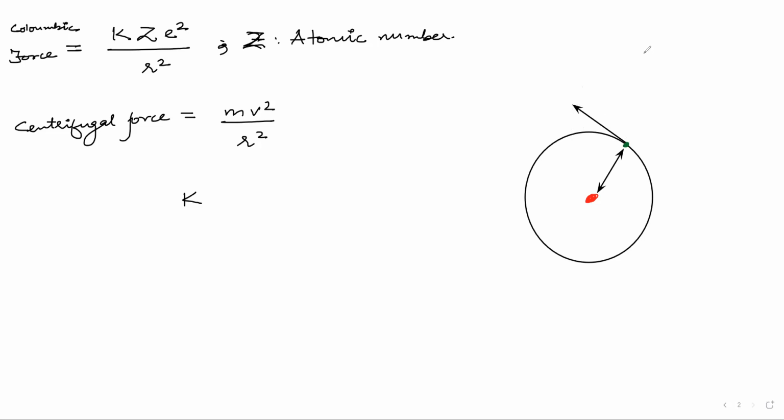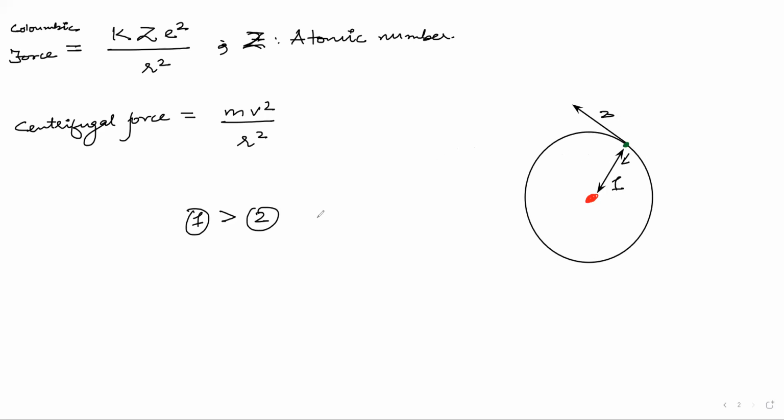Now I am asking a very simple question. So this one is Coulombic force and this is centrifugal force. What will happen if the Coulombic force is more than centrifugal force? The force of attraction between the electron and the nucleus is more, so the electron will come nearer to the nucleus. Is that right?